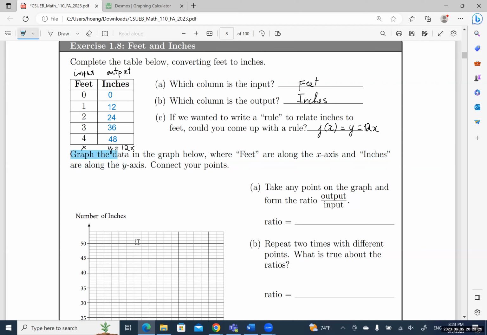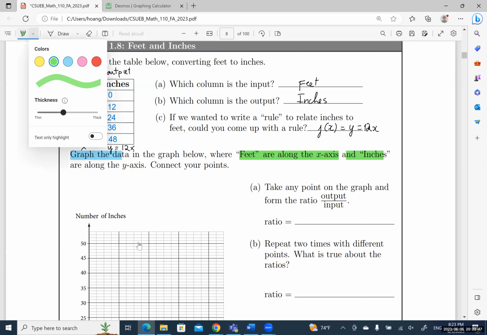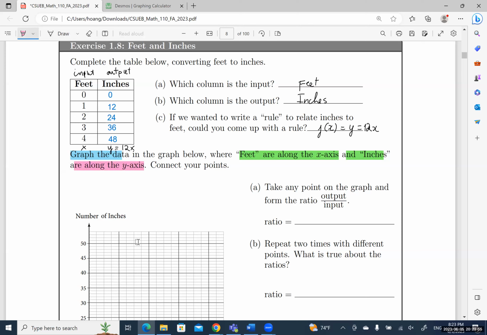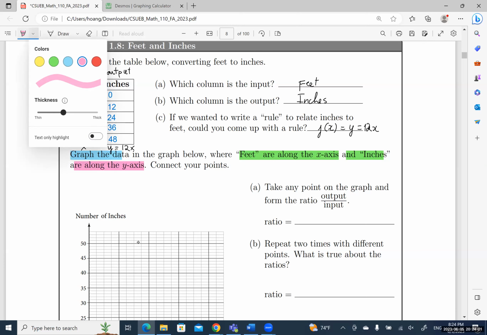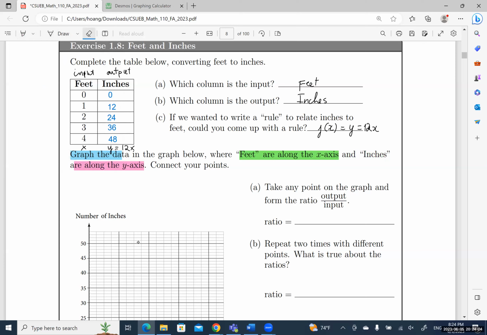We're going to graph the data in the graph below, where the feet are along the x-axis and the inches are along the y-axis.